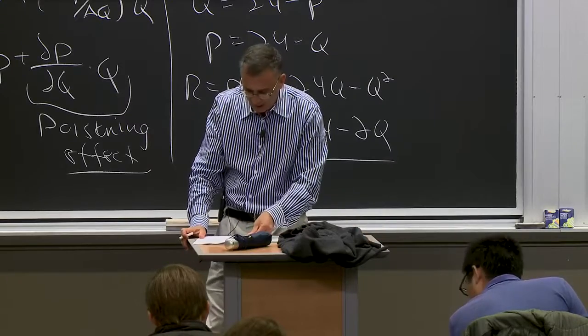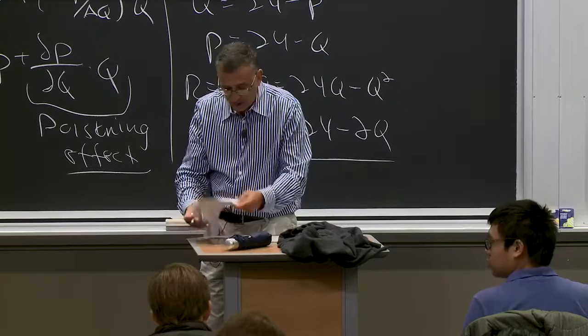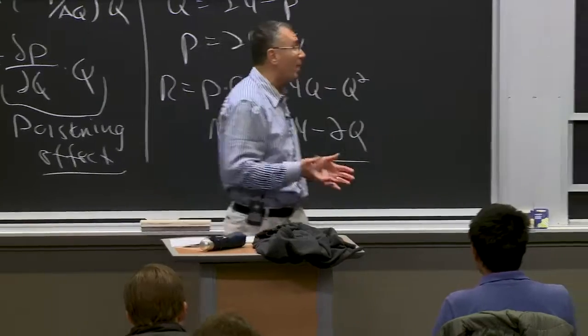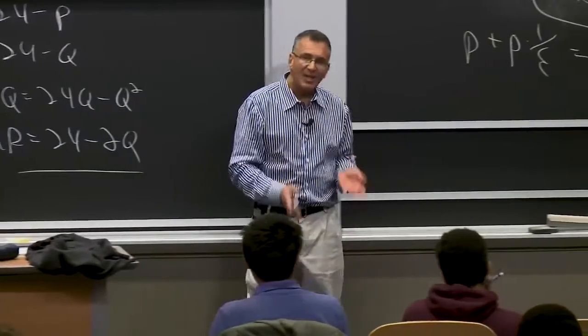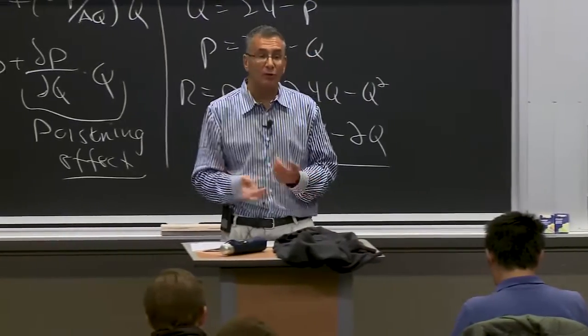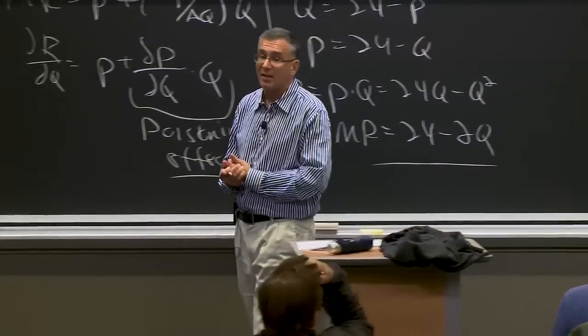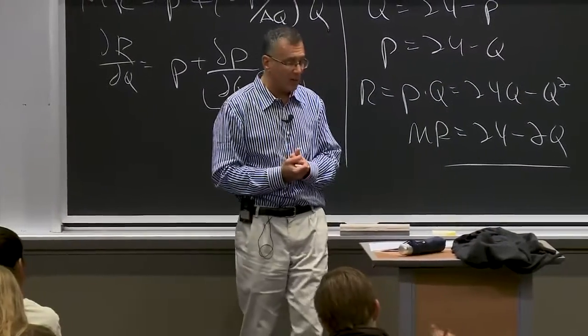So basically, that's the profit maximization decision, except this shutdown rule still holds. In the short run, we still have to respect the shutdown rule. So you still have to check, is price less than average variable cost?